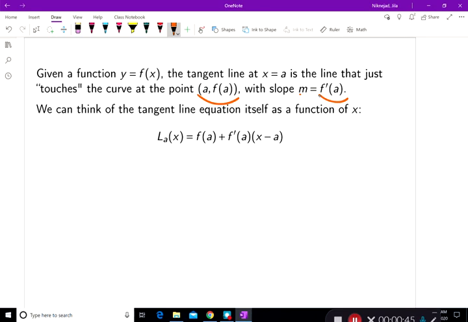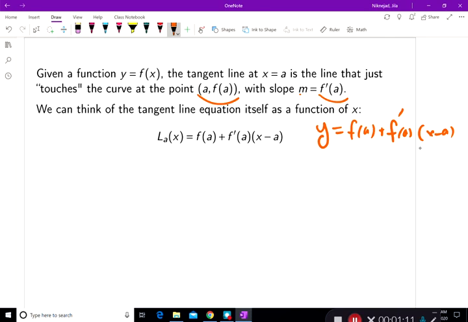And so we can think of the tangent line equation itself as a function of x. Remember, what was the tangent line? It was y equal to y at a, which is f of a, plus the slope, which is f prime of a, times x minus a.